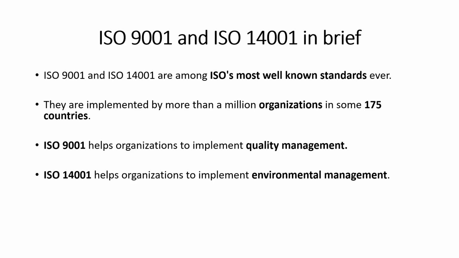ISO 14001 helps organizations to implement environmental management, like risk, hazards, putting waste materials out of devices or any kind of industries. This comes under environmental management. So, 9001 comes under quality management and 14001 is environmental management. This we have to be very clear, these are not technical standards.